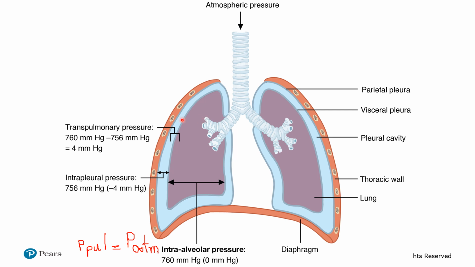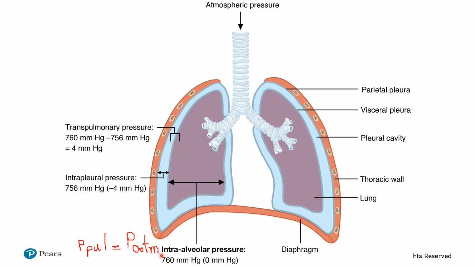Similarly, this small amount of pleural fluid in the pleural space keeps the visceral pleura and the parietal pleura stuck together. And as I told you before, the parietal pleura is tightly attached to the rib cage, so it pulls the visceral pleura towards the rib cage, and that is how this negative pressure is maintained. This negative pressure keeps the lung inflated, it keeps the lung open.